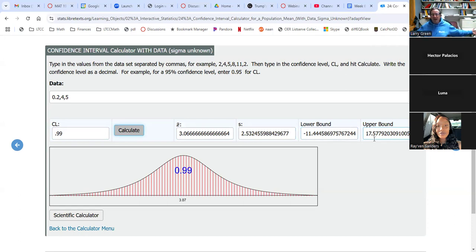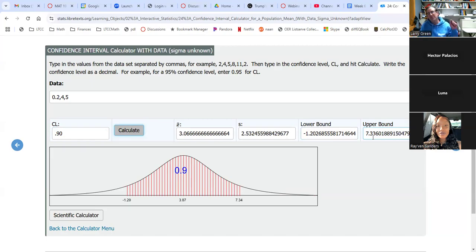This is not very helpful information. Does that make sense? On the other hand, if I were okay being 90% confident, I don't need to be right that often, and I hit calculate. Now it's much smaller. Now it's only negative 1.2 to 7.3 miles.